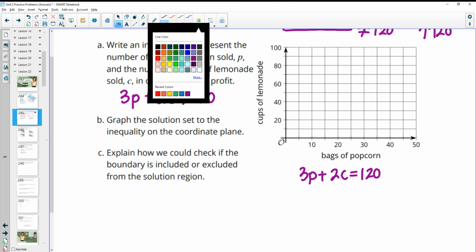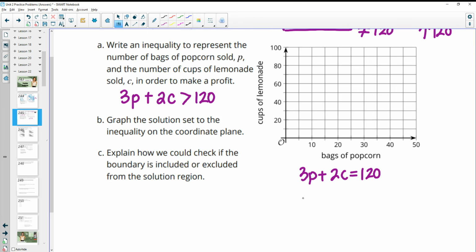So when we are only selling popcorn, so if we only sell popcorn to make $120, so we'll divide by 3 here, we get that the popcorn we would need to sell 40 to equal 120. So if we were over here at 40 popcorns, we would make $120.